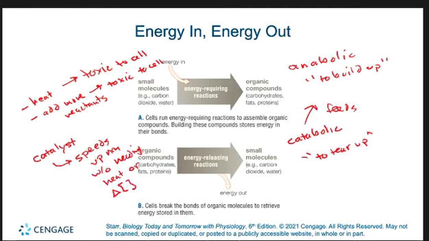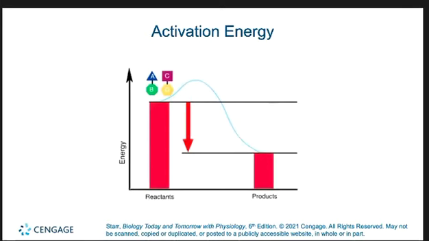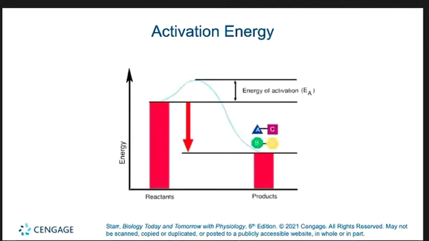Okay. So let's look at how the catalyst works. For a reaction to occur, even one that releases energy, some energy must be added to get the reaction going. This energy is needed to break bonds in the reactant molecules. The energy needed to start a chemical reaction is called the energy of activation, EA.